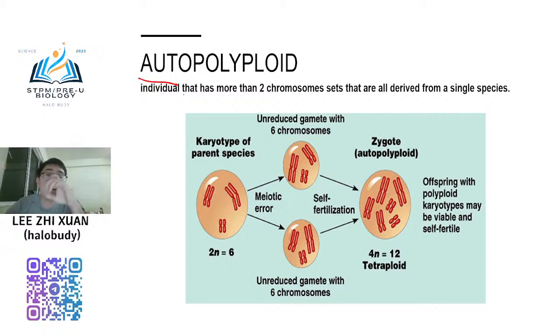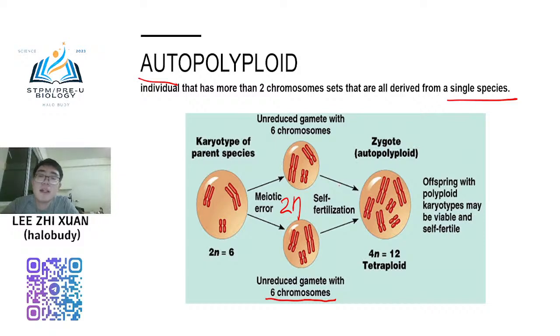Okay, so autopolyploidy normally is an individual that has more than 2 chromosome sets that are derived from a single species. So normally it is like this. The karyotype of the parent species, let's say 2n is equal to 6. Because of a meiosis error, both gametes will have 6 chromosomes. Meaning it does not become n; it still remains 2n.